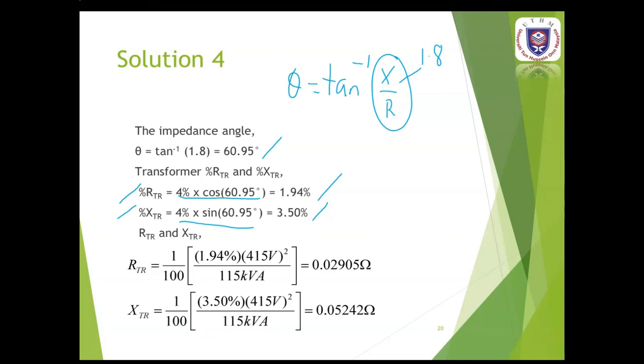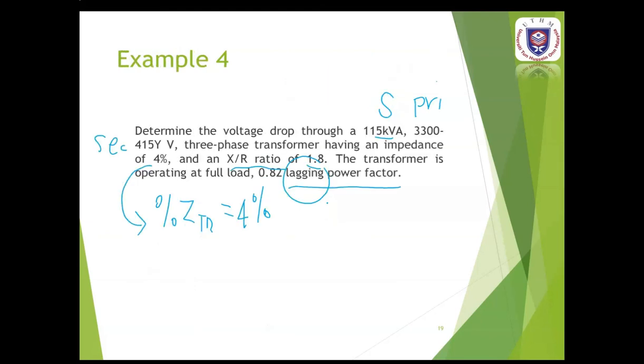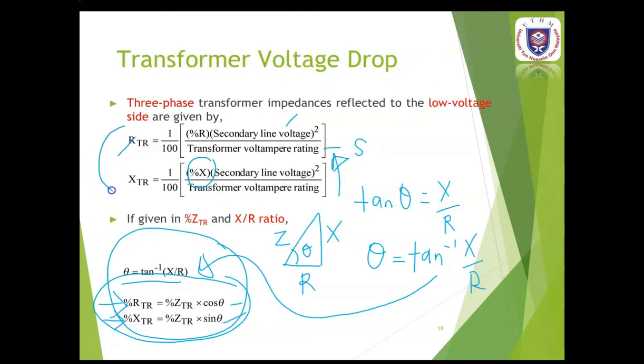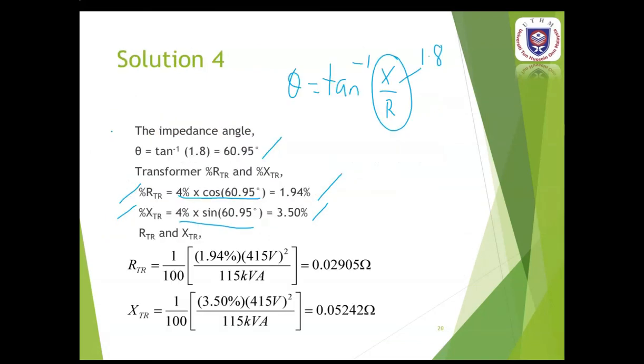Then you calculate the value of the resistance and the reactance of the transformer using these two equations. You just insert all the values.